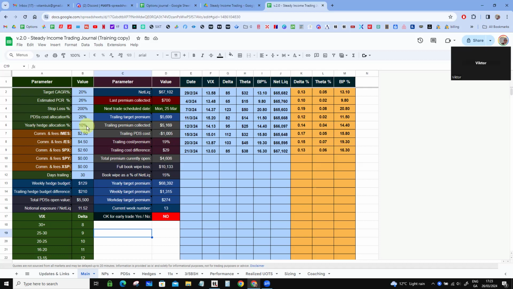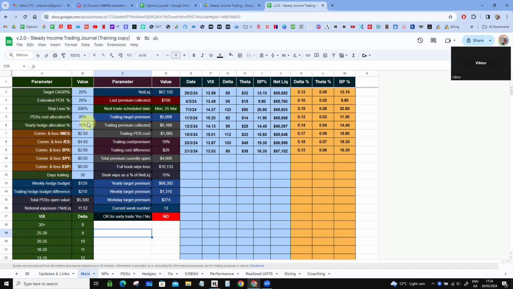We do count on occasionally losing our 200% of the premium received, and it could be on a single trade or on a full book. But we monitor all of that, and everything is here in the spreadsheet, so we have an idea of what that might look like if it happens. Okay, so that's on the hedging. We'll go a little deeper into the hedging later on, but this is what it represents.